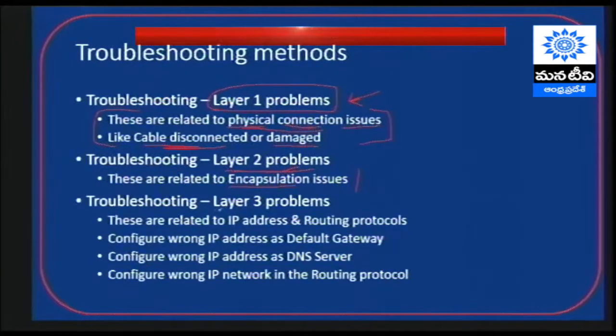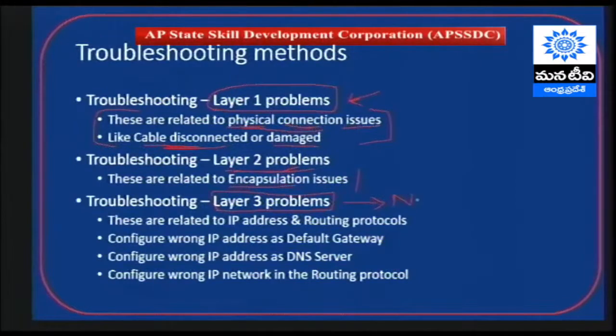Troubleshooting layer 3 problems: layer 3 is the network layer. Layer 1 is the physical layer, layer 2 is the data link layer, layer 3 is the network layer. In the network layer we have components like the IP address.